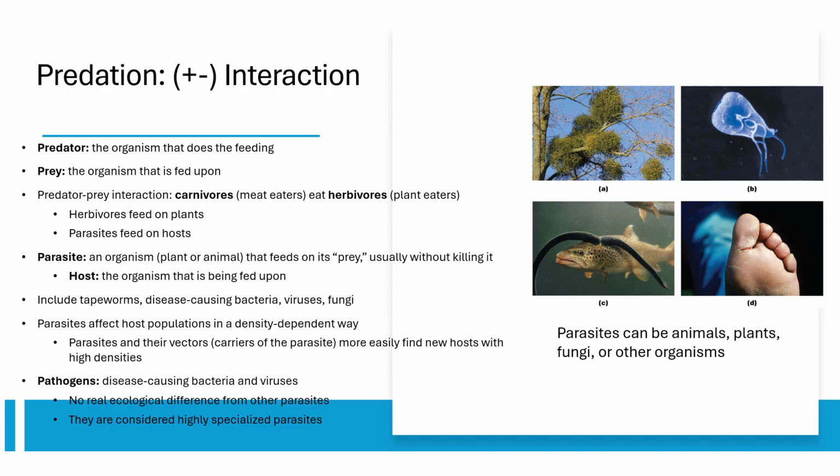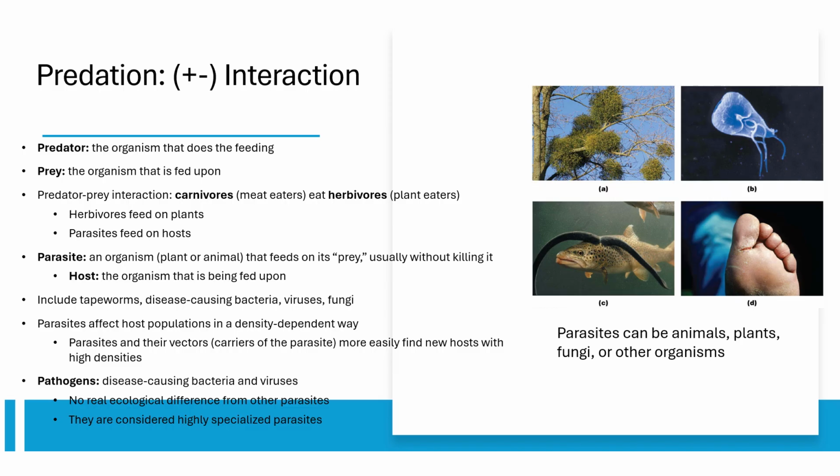So prey-predator interaction, typically you have them between carnivores. Carnivores are organisms that eat meat, and herbivores are organisms that eat plants, and then carnivores can eat herbivores. So herbivores, once again, feed on plants.